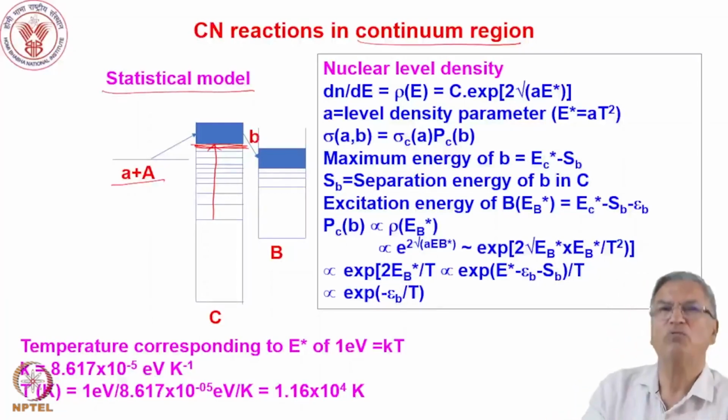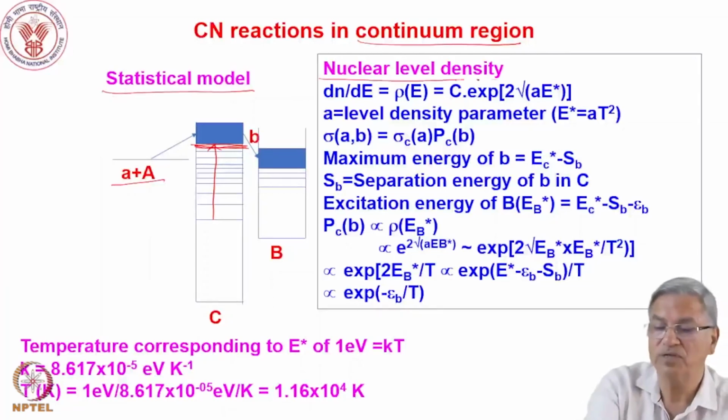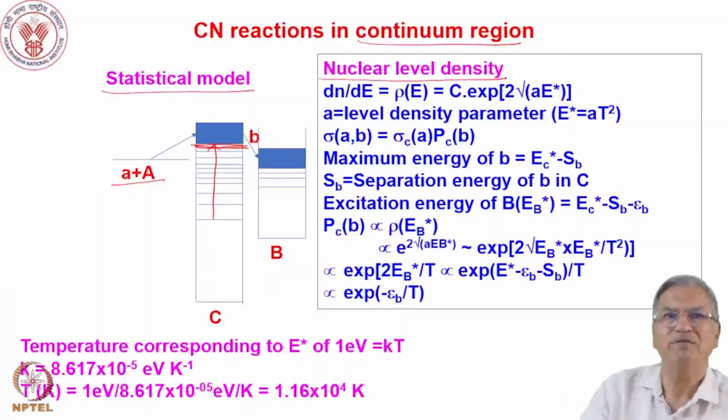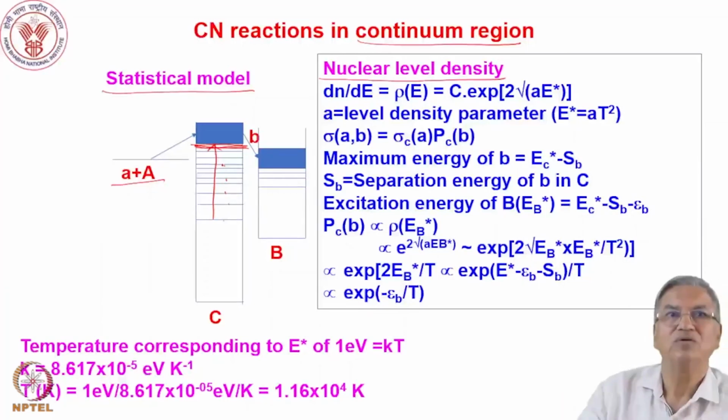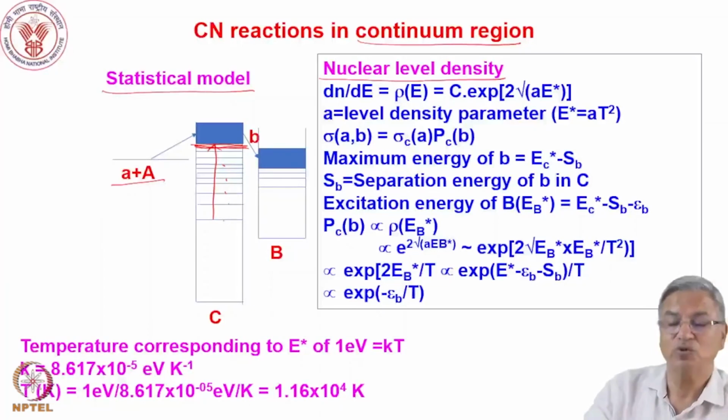So what you talk about is the density of the nuclear states. You don't have how many levels there are. Like here, you can count how many levels there are in one electron volt or 1 MeV. But in the case of the continuum region, you apply a level density formalism.